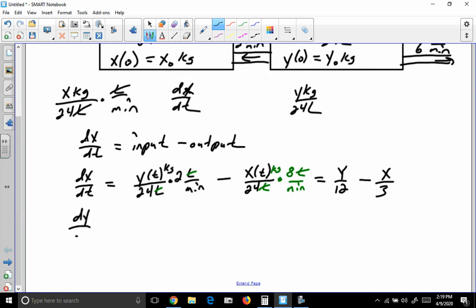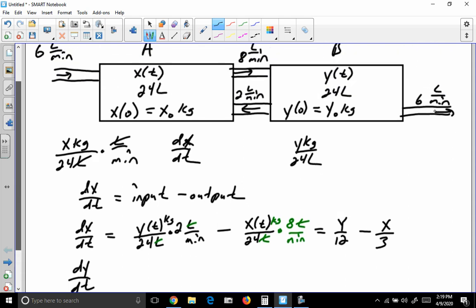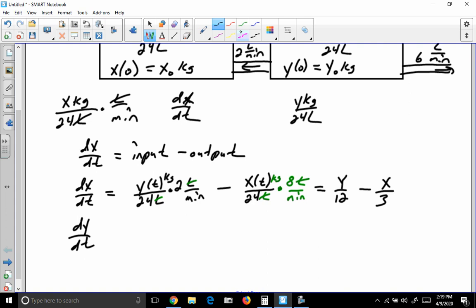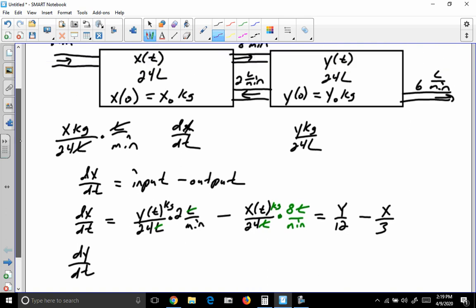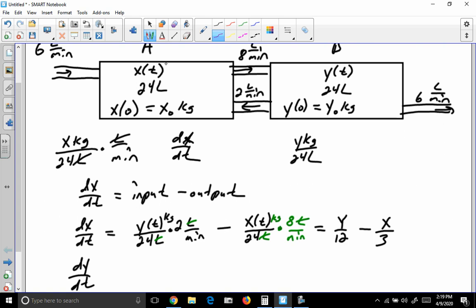So now let's look at the other tank. For the other tank, we have 3 pieces connected, and none of them are pure water. So coming into this tank, this is the input. The substance that's coming in has a concentration of whatever the amount of salt in the first tank is, X over 24.